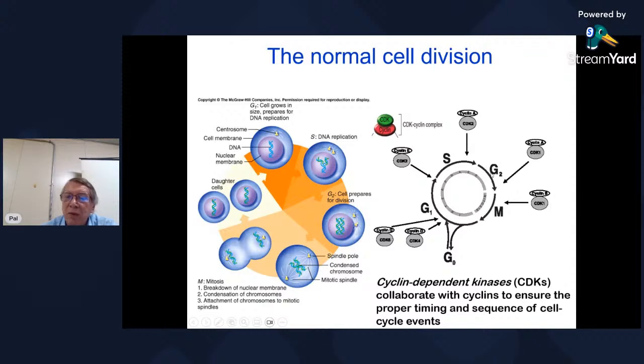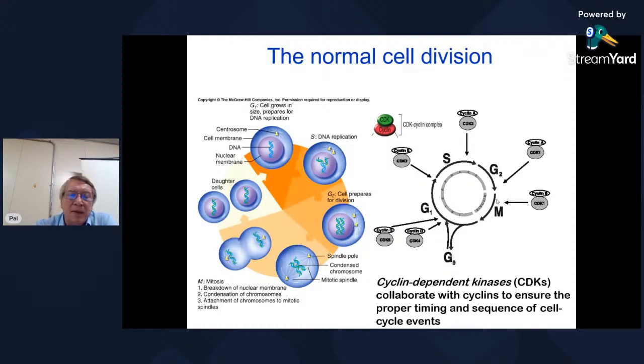This is the gap 2 or G2 stage, and divides, which is the mitosis stage. So these are the four sequential events, and these four defined sequential events at the same time represent the medicinal chemistry targets to modify the cell division.